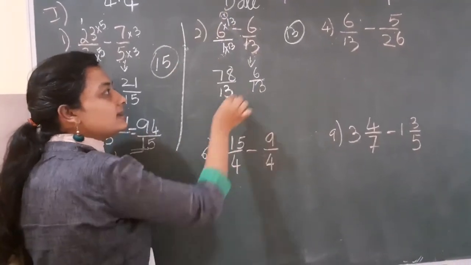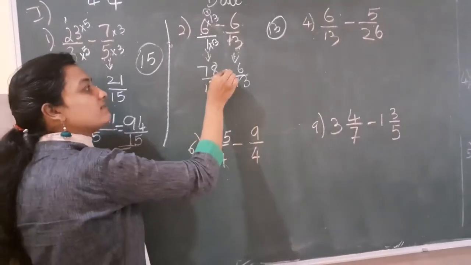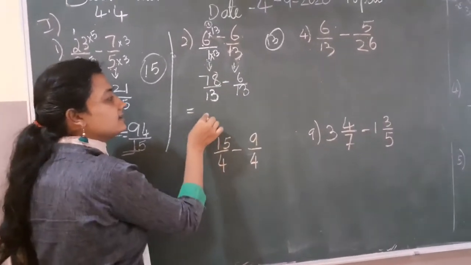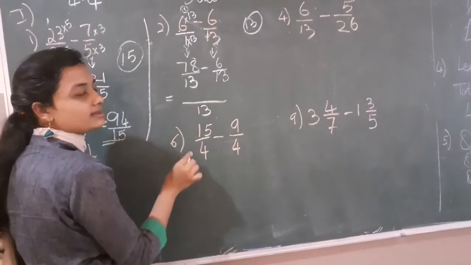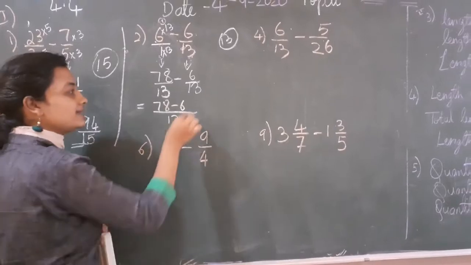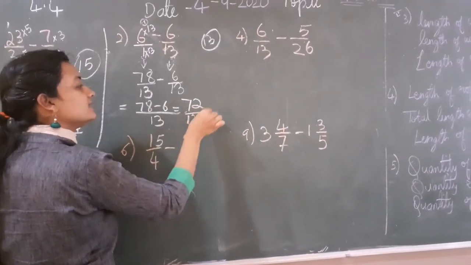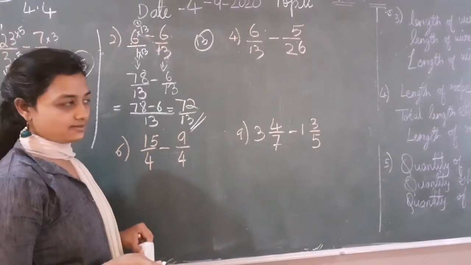So this is the equivalent fraction I have converted. Now I have to subtract. Easy. Just write 13 in the denominator. Subtract 78 minus 6. What is the answer you get? 72 by 13. So this is my answer.